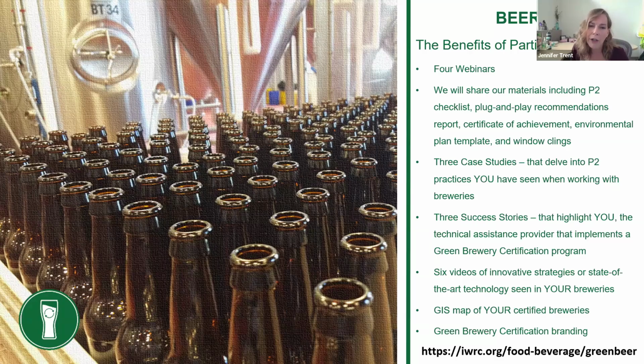And then we will also share our Certificate of Achievement Environmental Plan template. And what that is basically standard operating procedures so that equipment is running at the maximum efficiency. The window clings, and also we'll be sharing our branding with you.